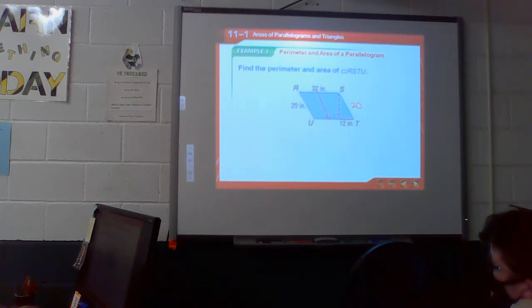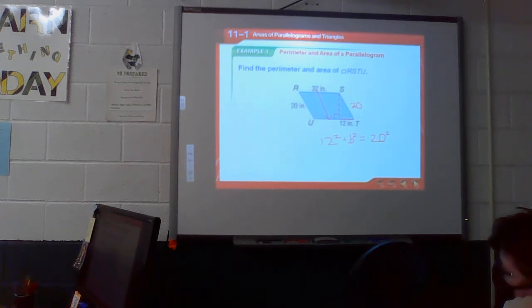So we know that if you really wanted to, we could figure out the length from here to here, right? But that's not important. So I need to know this pink line though. How do I find the pink line? We're going to do Pythagorean theorem, right? What is my A? 12. That's fine. What is B? B, I don't know, right? And my C is obviously my 20 squared.